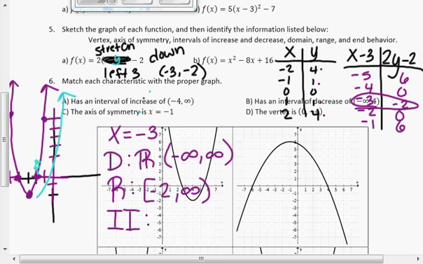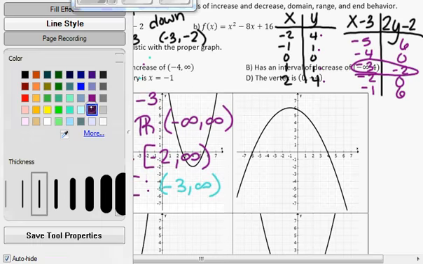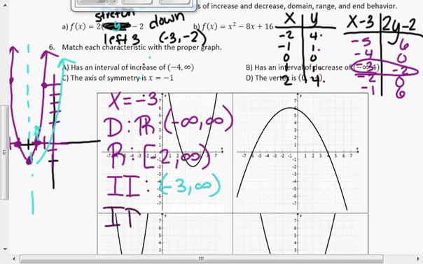Well, we're doing it from our axis of symmetry, which is negative 3, and it goes all the way to positive infinity. Our intervals of decreasing is going to be the exact opposite. It's decreasing this way, so it's negative infinity to negative 3.